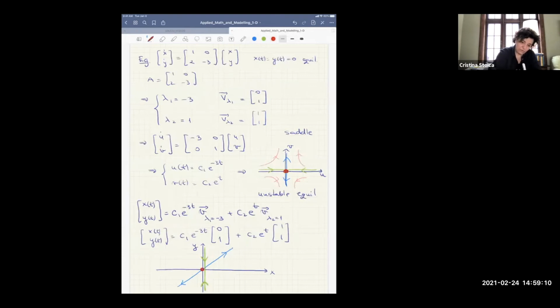Okay, so if you want, this green one is actually the eigenspace corresponding to lambda 1, the span of V lambda 1, where lambda 1 is minus 3.